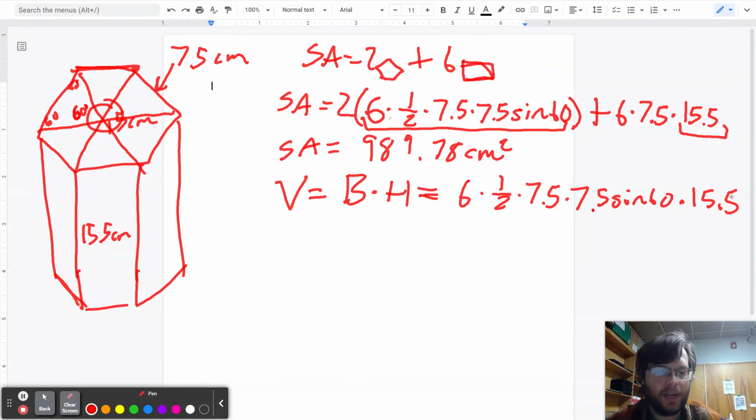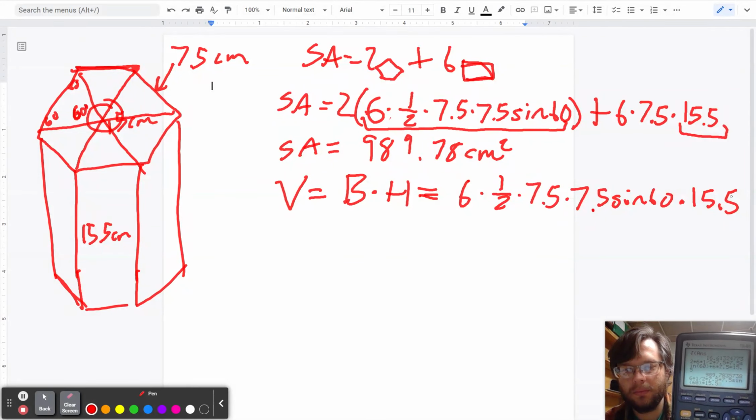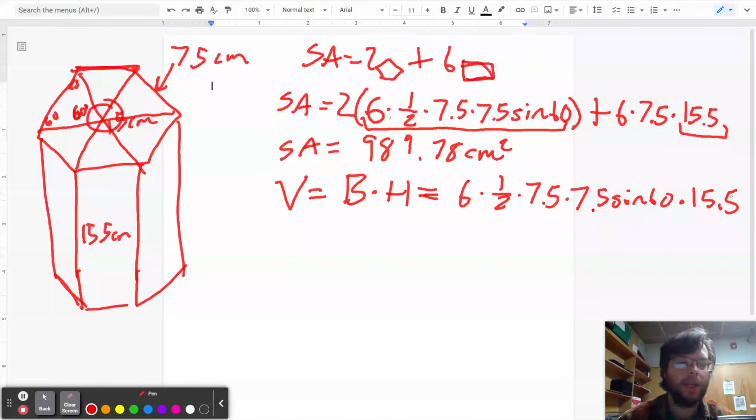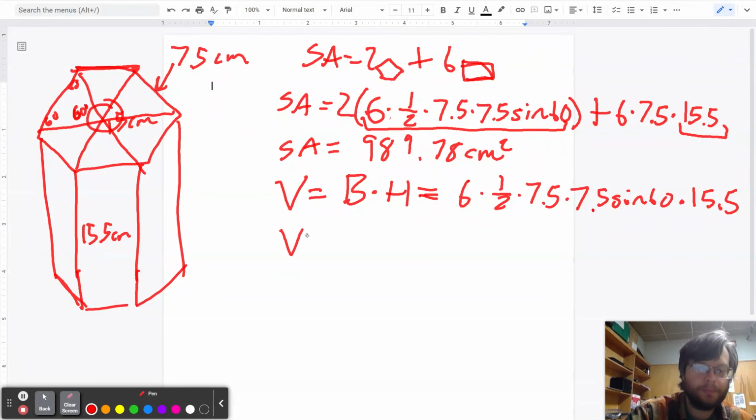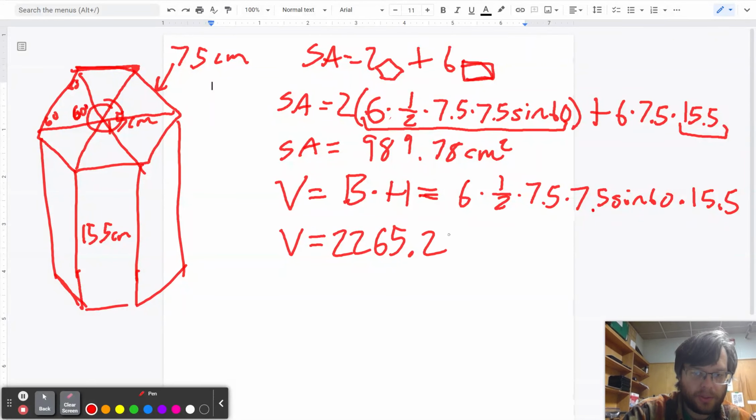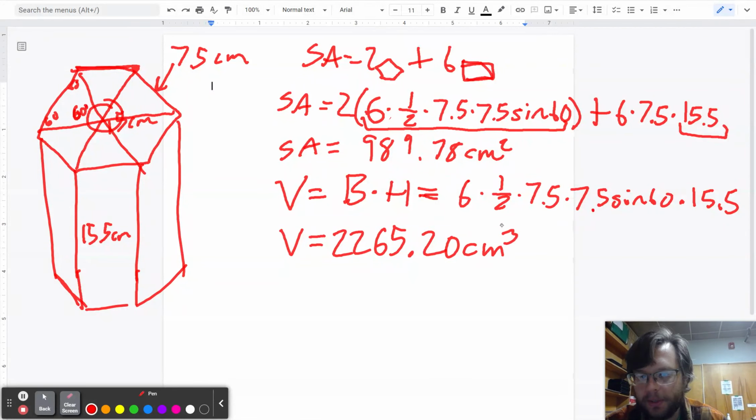And so again, I can type all that in. And I get a volume of 2265.20, and that's measured in centimeters cubed. So that wasn't too bad.